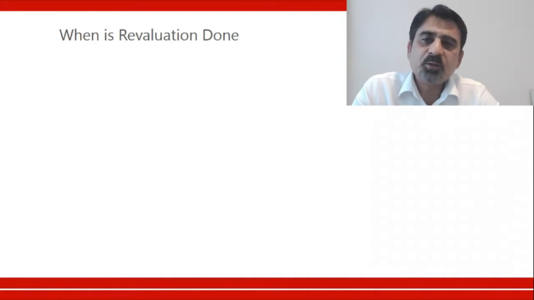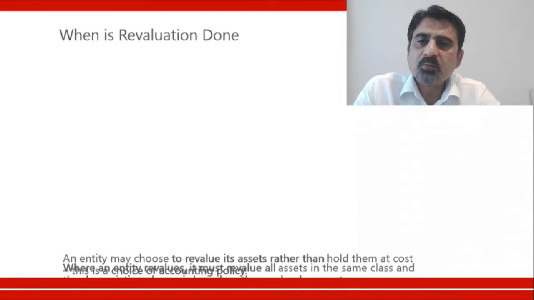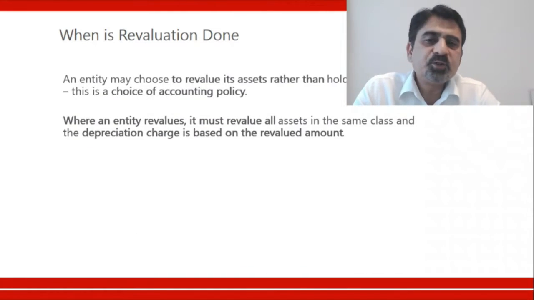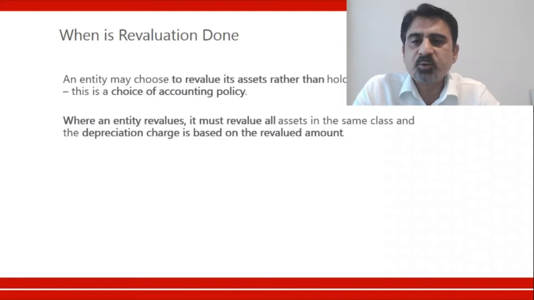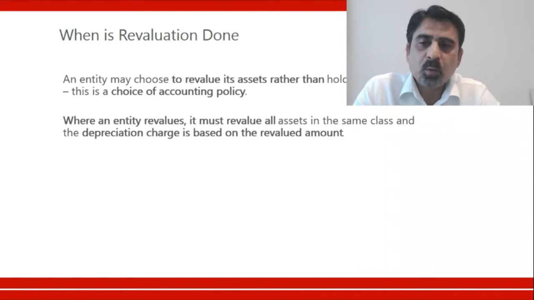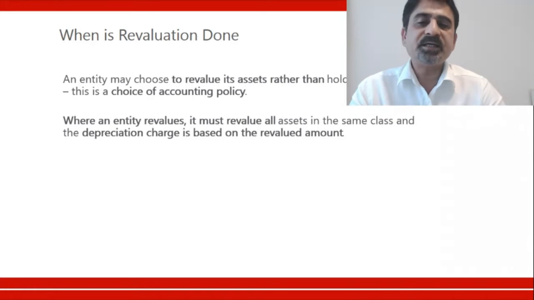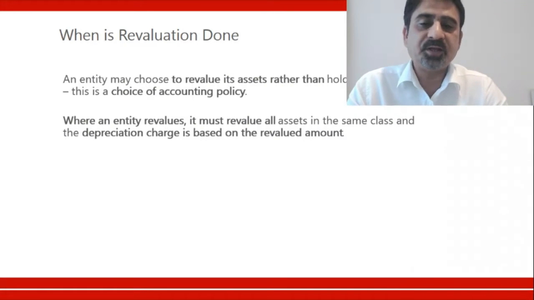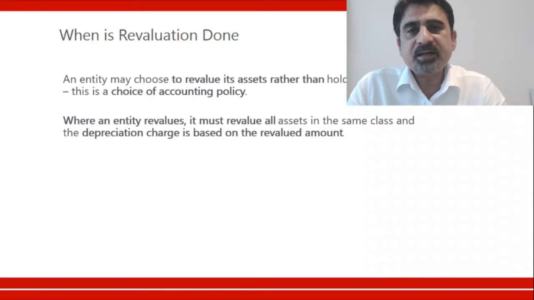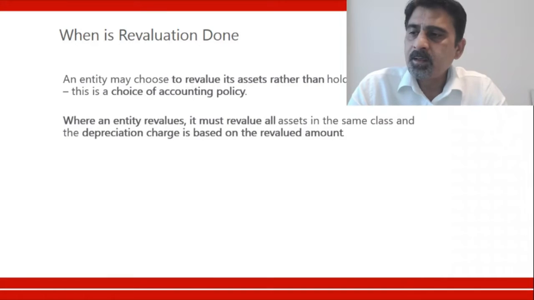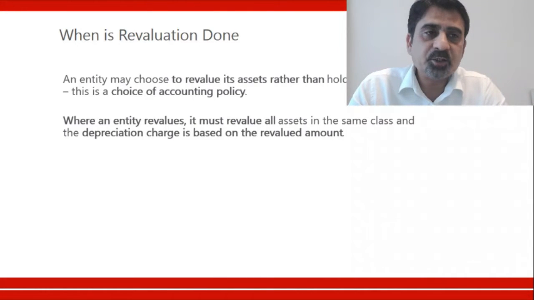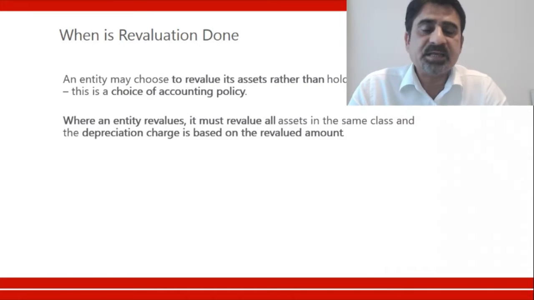So when is revaluation done? An entity may choose to revalue its assets rather than hold them at cost. This is a choice of accounting policy. Where an entity revalues, it must revalue all assets in the same class, and the depreciation charge is based on the revalued amount. So it means that if you decide to conduct a revaluation process on some of the assets, then you must do revaluation for all of the assets within the same class.